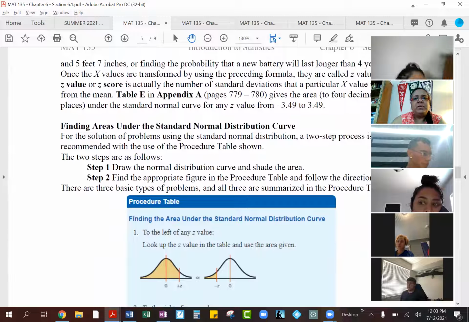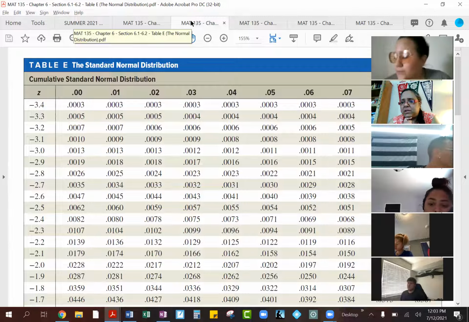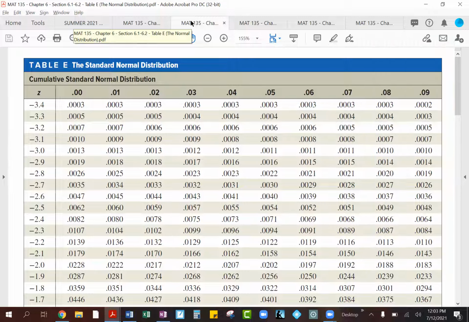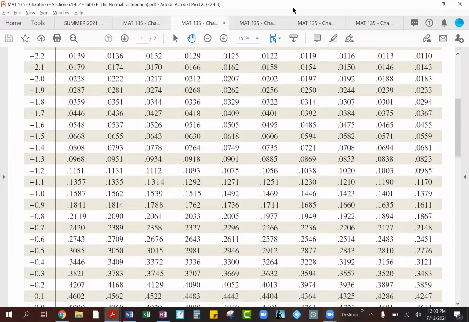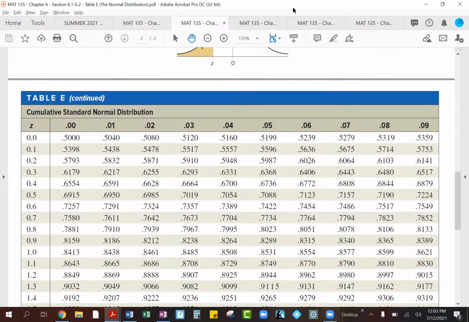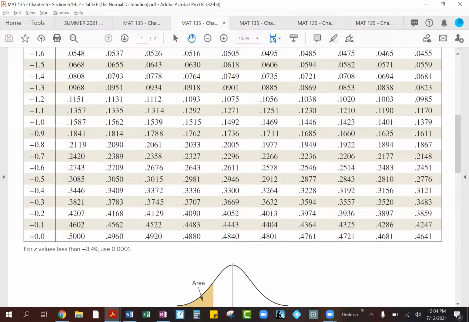And normally we use this table for our normal distribution. This table helps you come up with the area under the curve. By default, the way the table is set up, it has 2 pages for the positive and the negative Z-scores.